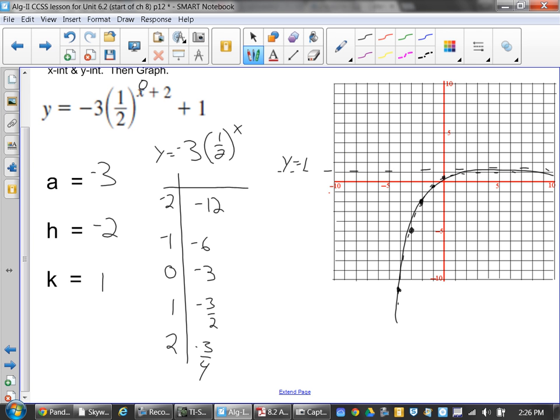The numbers are pseudo-clean. This is about as complex as I'd make you do without a calculator for a y-intercept. If it's a 2/3 one, it's just going to be awful. Okay. Domain? All real. Range? y is less than 1. And it's less than 1 because your a value is negative.